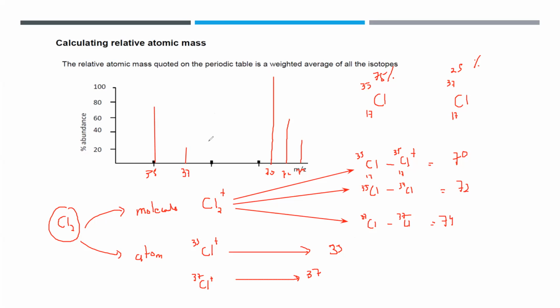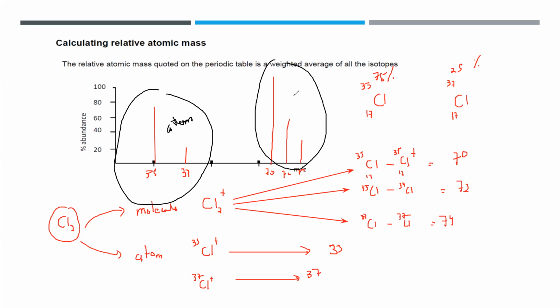So the total number of peaks you will obtain for chlorine is not two peaks, it will be five peaks. Why are there five peaks? Two peaks are due to the atoms of chlorine, and the remaining three peaks are due to the molecule of chlorine. Is it clear?